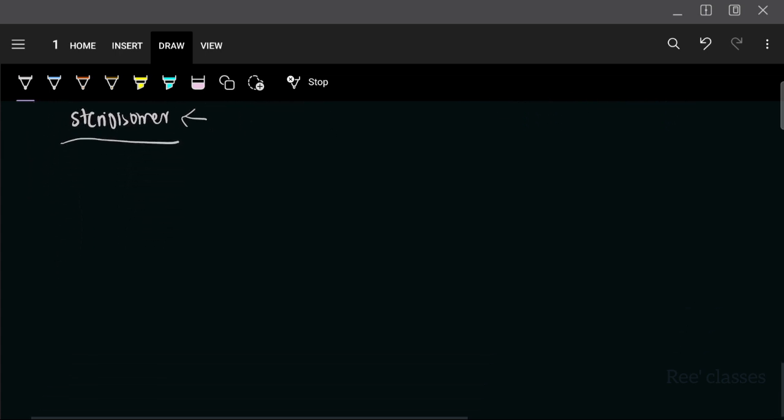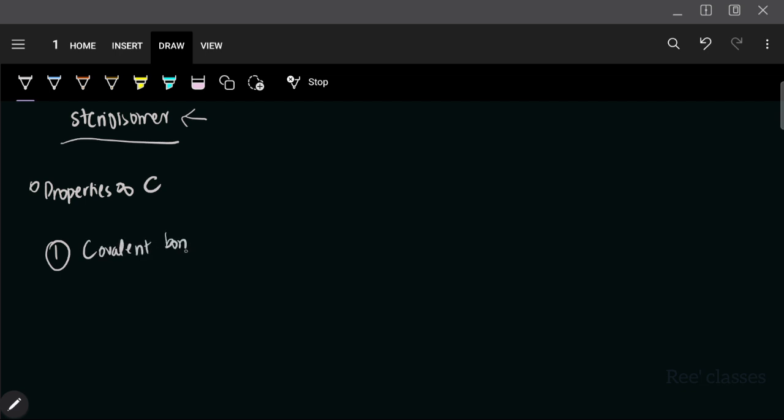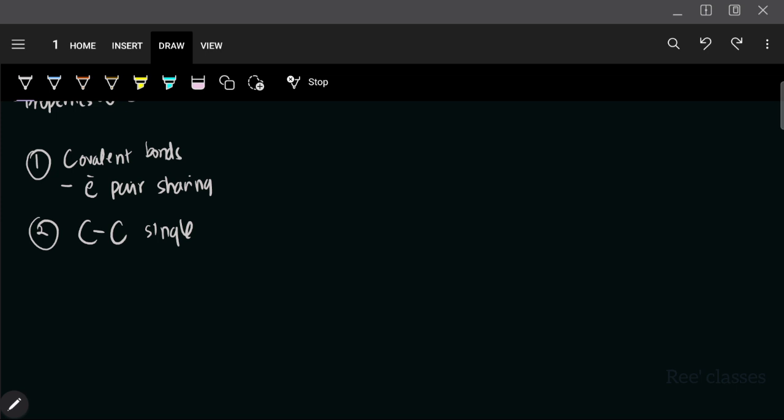We talked about these being carbon compounds, some properties of carbon compounds. Okay, first of all, they can form covalent bonds, right? What are covalent bonds? Electron pair sharing, quite familiar with it. They can also form single bonds between two carbons. These are, by the way, very stable.